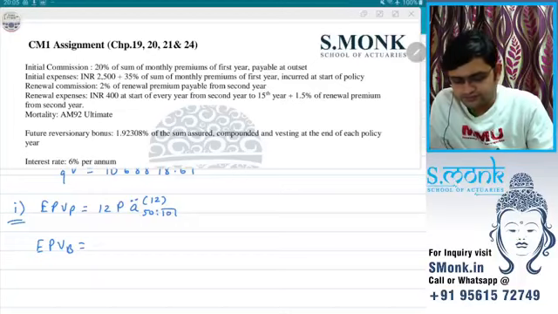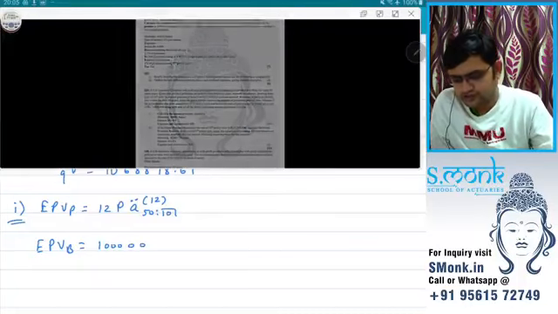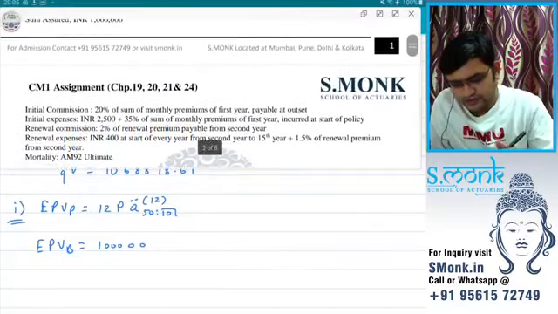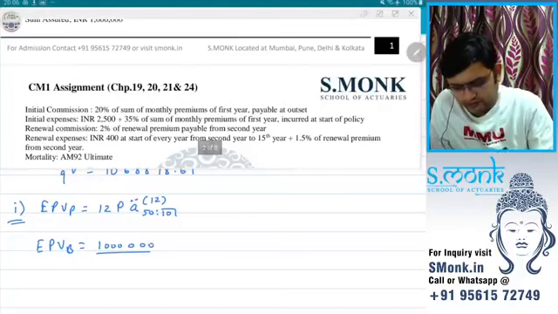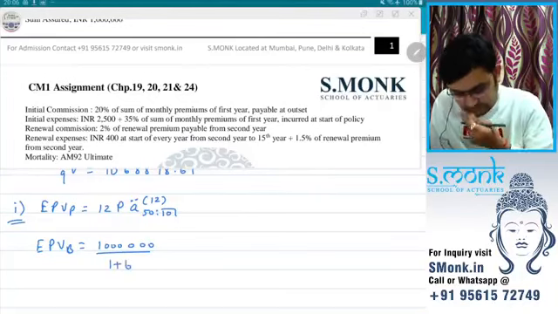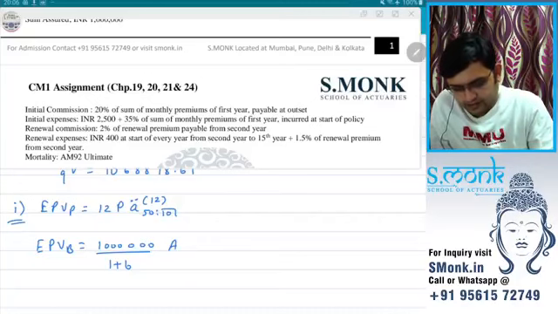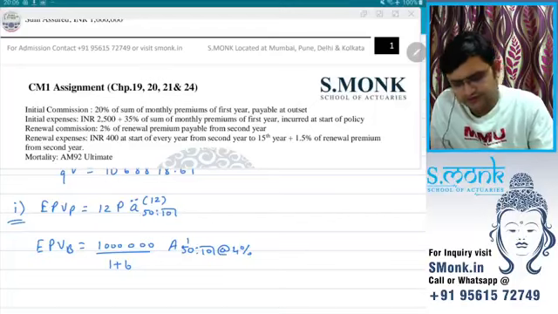So we'll have our sum assured, I'll just check, it was 1 million, yes, 1 million divided by 1 plus b, and we'll have A 50 to 10, at the rate of 4%.